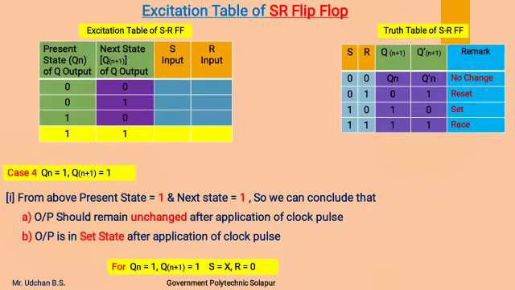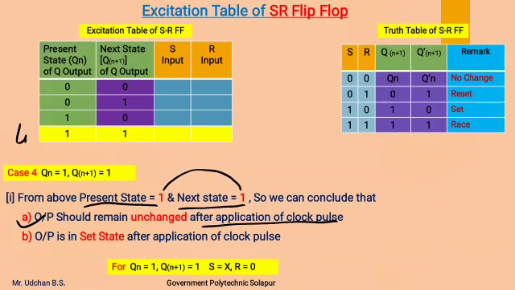Now we will see the last case, the fourth case, in which Qn is 1 and Qn plus 1 is also 1, that is present state is 1 and next state is also 1. So from this also we can conclude in two ways, that is output is not changed, means 1 remained as 1 after the application of clock pulse.